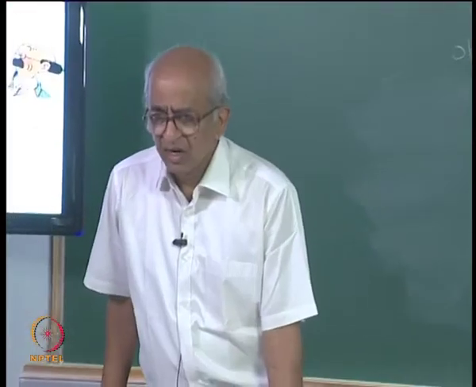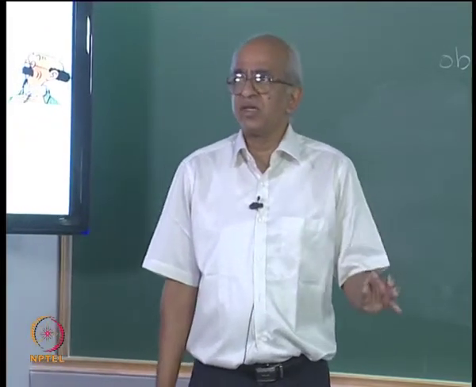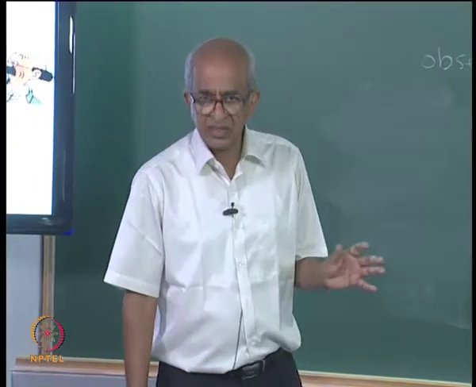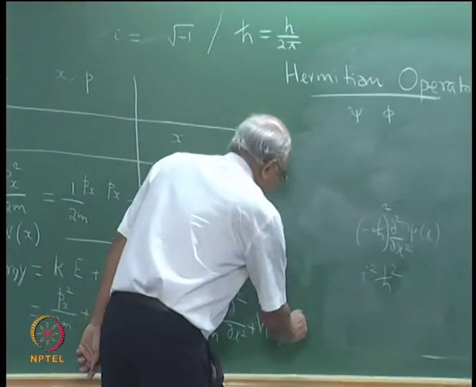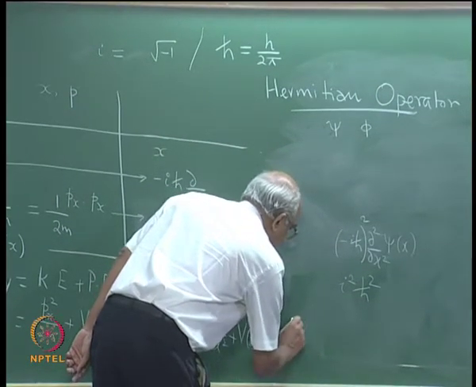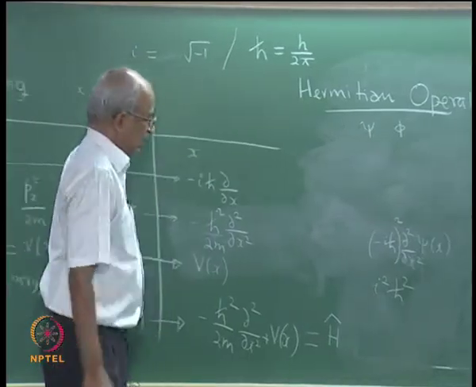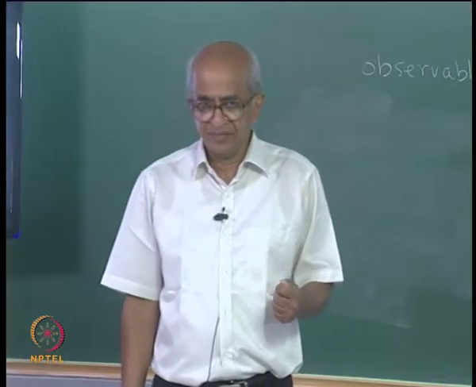Now, in our discussions, the operator associated with total energy is very important. It is going to occur in the Schrodinger equation, which I will introduce later, and therefore, it is given a special symbol. It is usually denoted by the symbol H with a hat on top of it to indicate that it is an operator, and it is referred to as the Hamiltonian operator.